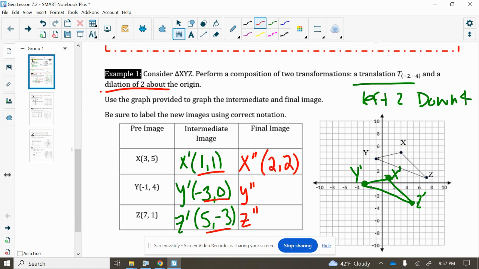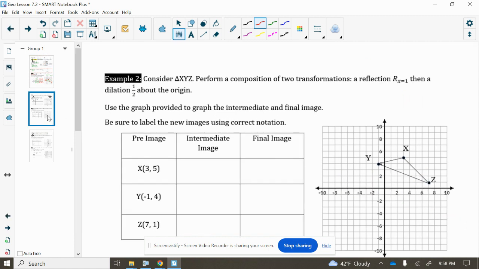So essentially, we are multiplying by 2 each of these values. Remember, 0 times 2 was still 0. So we have 2, 2 for the location of x double prime, negative 6, 0 for y double prime, and then 10, negative 6 for z double prime. And that would be our graph then of our final image. So you would want to make sure you graph both the intermediate and the final.